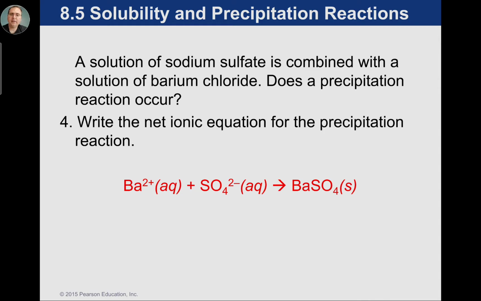So recognizing these as not the magic 5, but as an exception to the sulfates, which are typically water soluble, barium just happens to be one of the 4 that make an insoluble precipitate of sulfates.